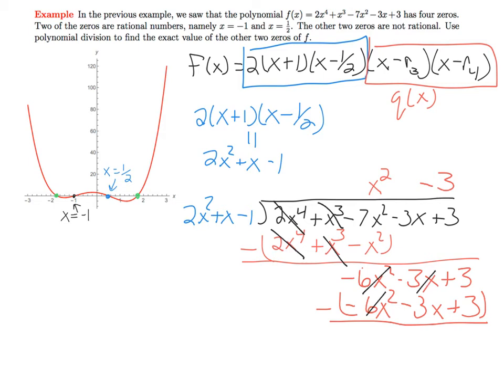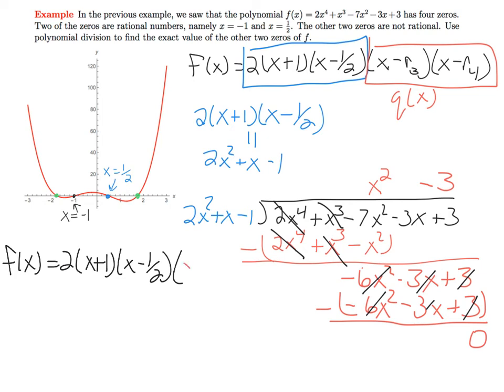Those cancel, those cancel, those cancel, and so the remainder is 0, which is good. So that means these are indeed factors. So what we have now is f of x is equal to 2 times x plus 1 times x minus 1/2. And now we found that the remaining quotient is x squared minus 3.